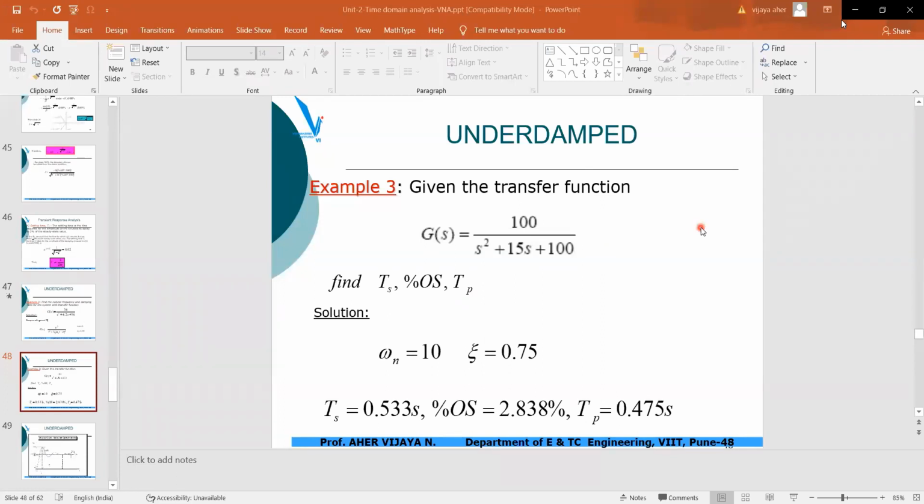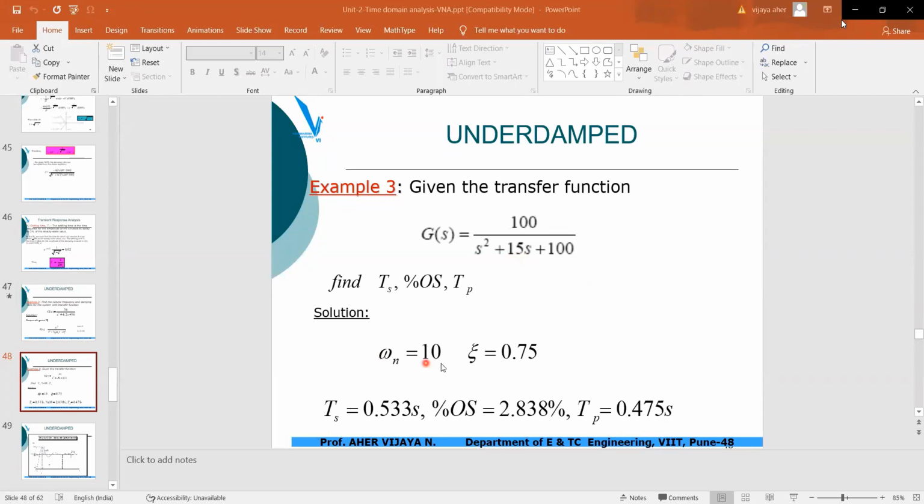So what is the value of omega n and zeta? Second step, find out omega n is equal to under root of 100. Under root of 100 is nothing but 10. So natural frequency omega n is equal to 10. What is zeta? 2 zeta omega n is equal to 15.